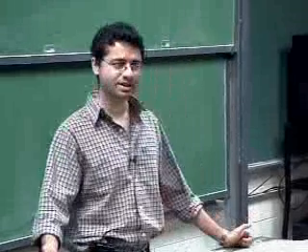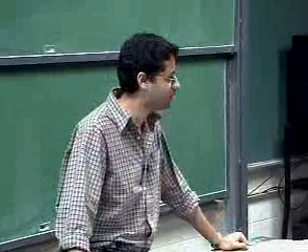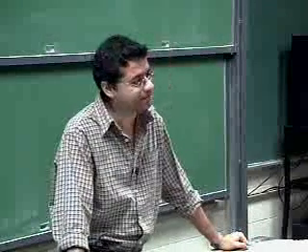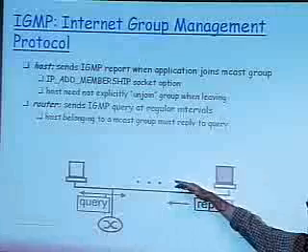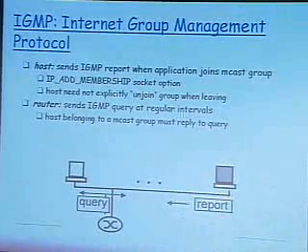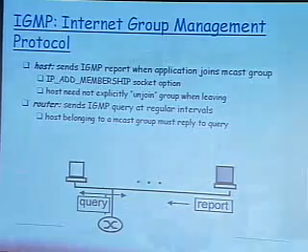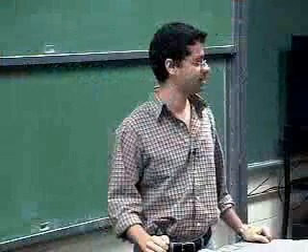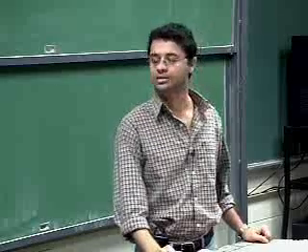And whenever the backoff timer expires for any one of the nodes, it will send out a reply to the query that I am still interested. That reply is broadcast on the network, and other nodes can listen to that and not send their own reply. So by this way, only one node needs to send out a reply to the query, and this network still stays alive on the multicast tree.